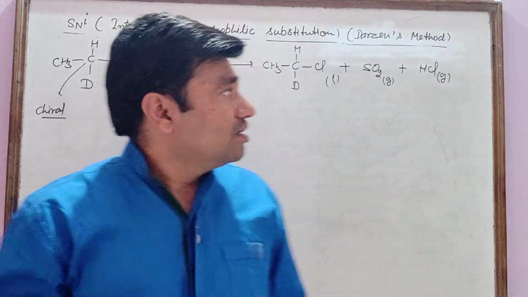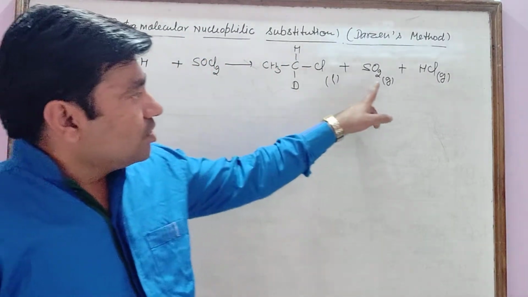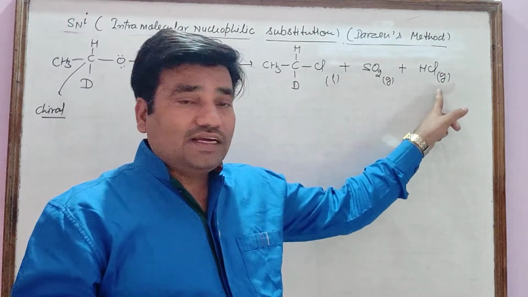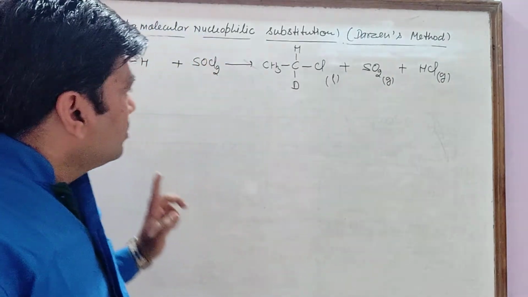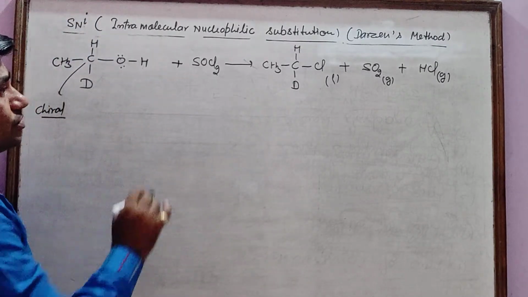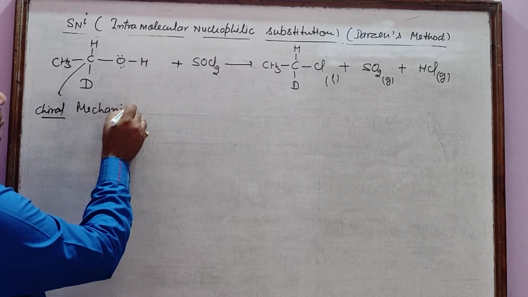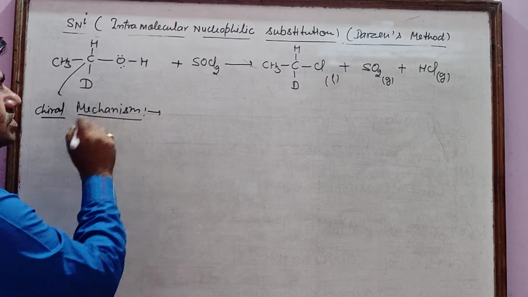So that is why you will get a pure alkyl halide, because sulfur dioxide and HCl will escape out, right? There is no problem. Okay, so we will discuss the mechanism of this reaction. What would be the mechanism of this reaction?